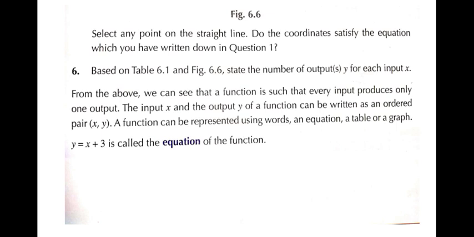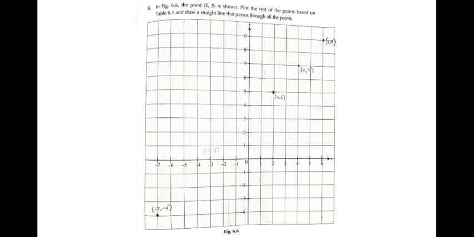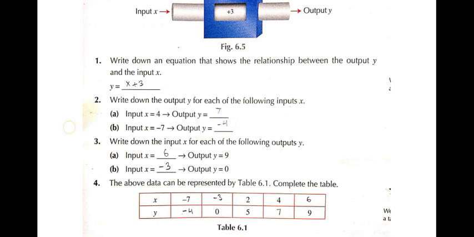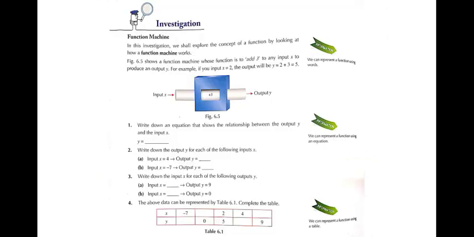Based on table 6.1 and figure 6.6, state the number of outputs y for each input. Okay, from the above you can see that a function is such that every input produces only one output, right? The input x and the output y of a function can be written as an ordered pair (x, y). A function can be represented using words, equation, table or graph.